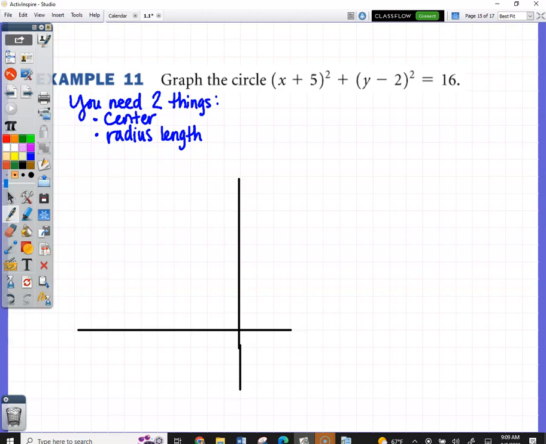Once you know those two things, then you can graph it. The center is going to come from the numbers in the positions of H and K. Don't forget there is a sign change on both of them. Whatever you see in the equation, when you go to write it, you're going to have a sign change. I see 5, -2, so my center is actually -5, +2.